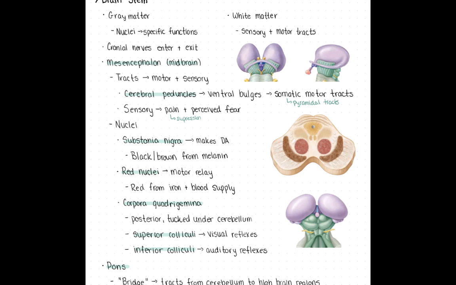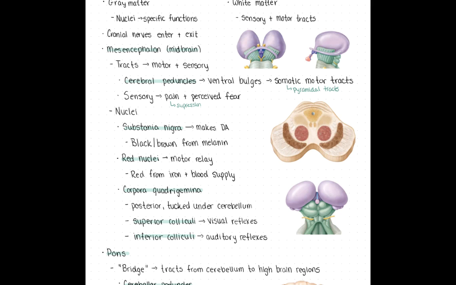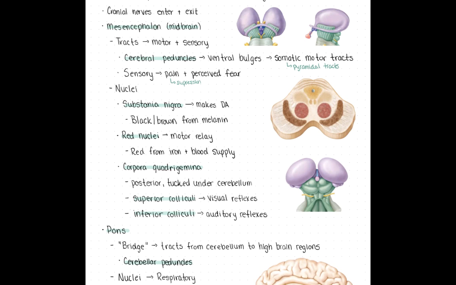We can point out some of the nuclei from this picture. The first one we're going to talk about is the substantia nigra. Those are these dark brown, comma-shaped structures here.